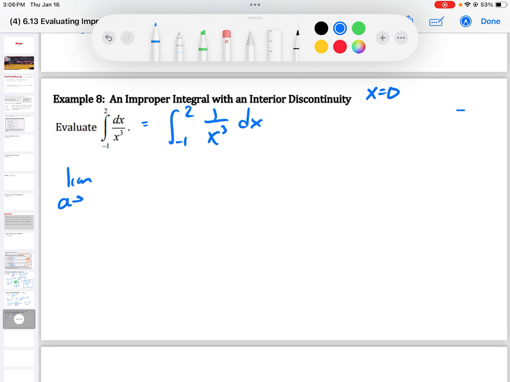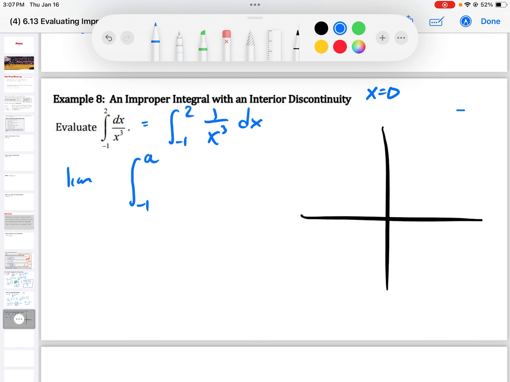I would say the limit as a approaches 0, and I'll just take a second. Actually, I might say b here. We'll call this b just because I usually label the bottom one a and the top one b. So if I say from negative 1 up to b, because negative 1 is that first limit of integration.